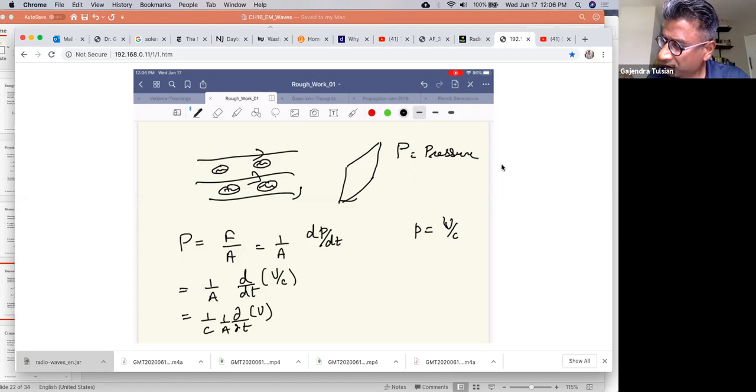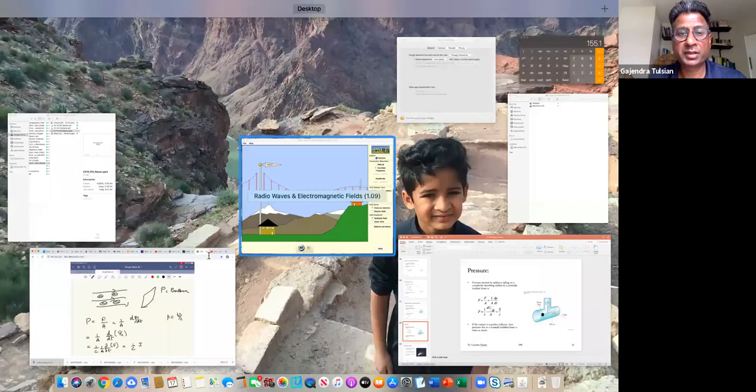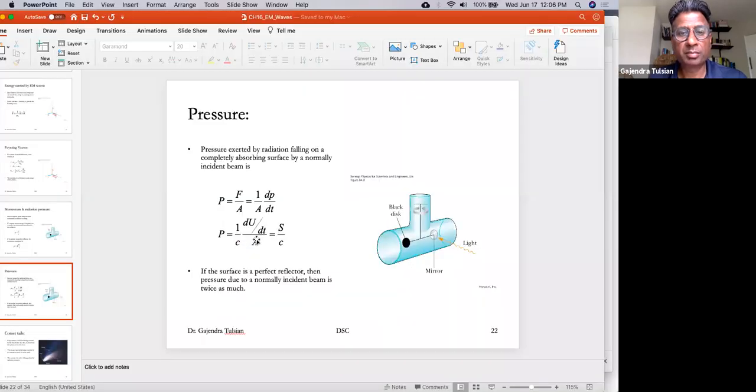And this term is the intensity. So the pressure exerted by the beam is the intensity, the Poynting vector, divided by C. That's if the beam is absorbed.